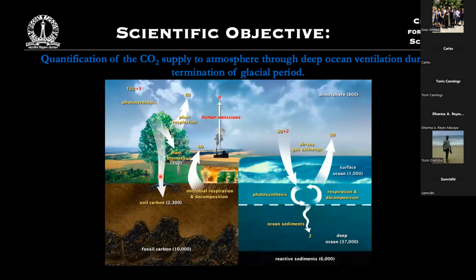What we did was try to constrain the carbon dioxide exchange between seawater and the atmosphere in the Southern Hemisphere. Now, the CO2 in the atmosphere is equilibrated with the surface ocean, and there is a large amount of CO2 stored in the deep ocean, usually from organic matter oxidation.